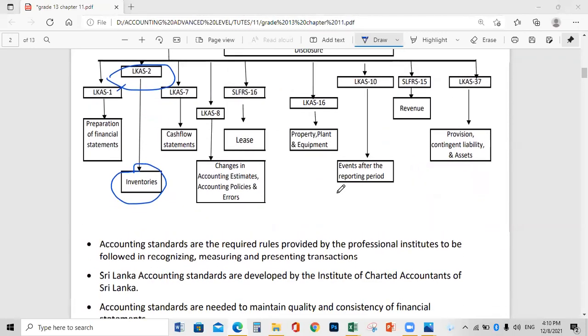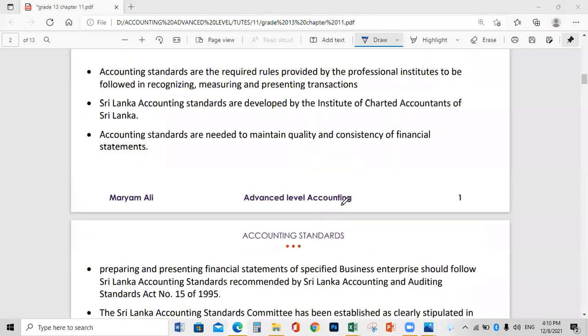Okay, so guys, now you all have a doubt, right? What are these accounting standards? Guys, these are required rules. Who provides them?